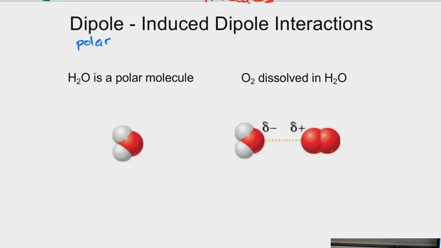And if we have an induced dipole, well, that's what I just told you about. The induced dipole is what happens instantaneously when a nonpolar compound is next to something that has a small dipole. So this would normally be nonpolar.